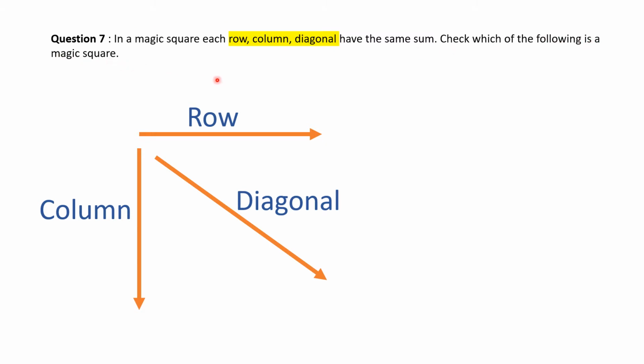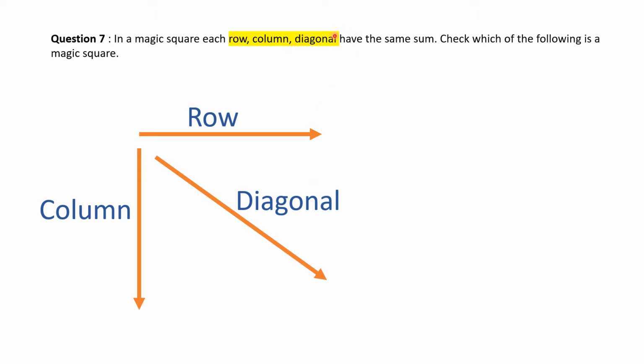Okay, now in this question, they have given us two squares. As we can see in the question, there's part 1 and part 2, which include two squares. Each square has rows, columns, and diagonals. As you can see, there are 3 rows, 3 columns, and 2 diagonals.